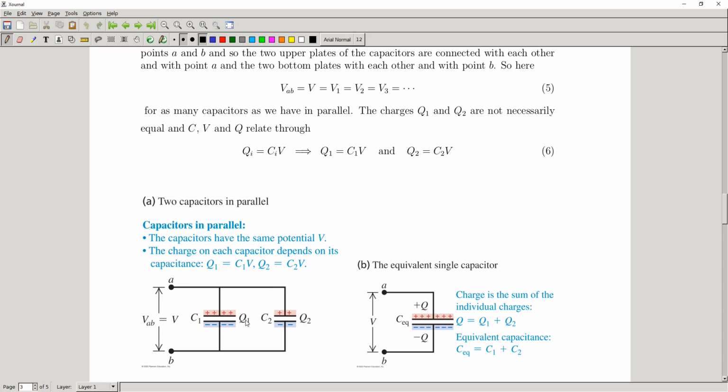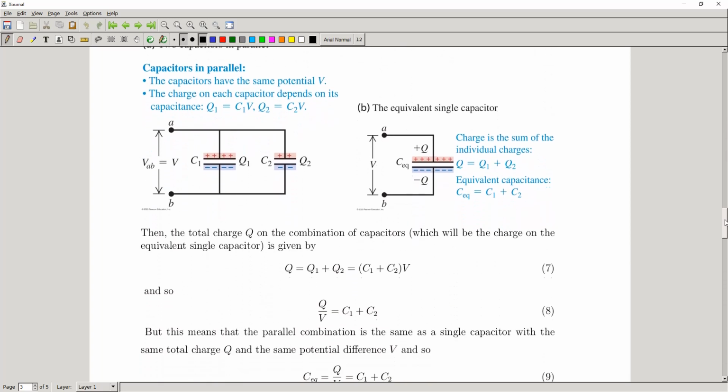They can be different, and we can see how they relate to C1 and C2 here, right? So Q1 needs to be equal to C1 times our potential difference, which is just V here because V is the same everywhere, right? And Q2 has to be equal to C2 times V, okay? So that's how our charge relates to our capacitance and our potential difference for these setups.